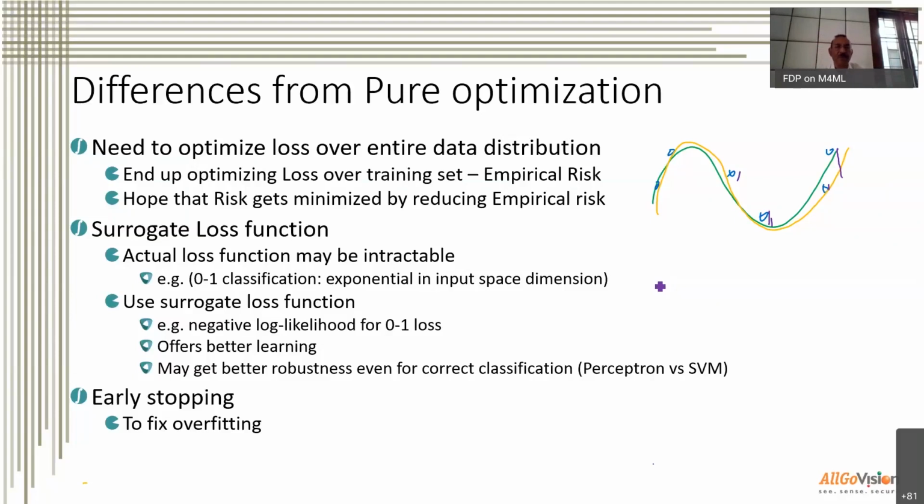So from that point of view, in deep learning or in any machine learning, actually getting to the minimum may not always be important. What is important is that our error on test sets is better, or in some way, through empirical risk we are trying to manage the actual risk. Our aim is to minimize the actual risk, whereas for the optimization problem we give only the empirical risk.